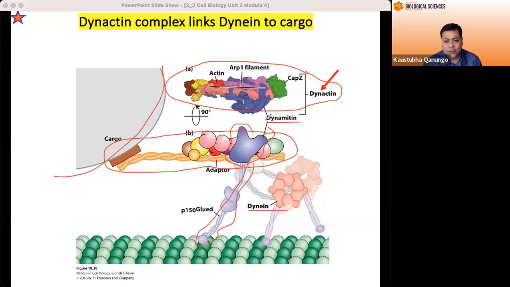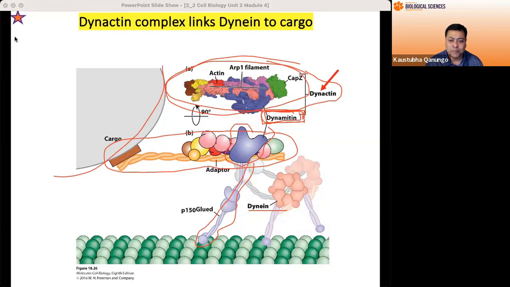When the scientists were working on this, they made all these recombinant proteins, reconstituted them, and then tried to see the movement by single molecule fluorescence microscopy in vitro or in single cellular conditions. They saw that if they overexpress or produce too much of this dynamitin in the cell, more than the molar amount required, that entire structure blows apart like a bomb. And that's why they named that protein dynamitin.